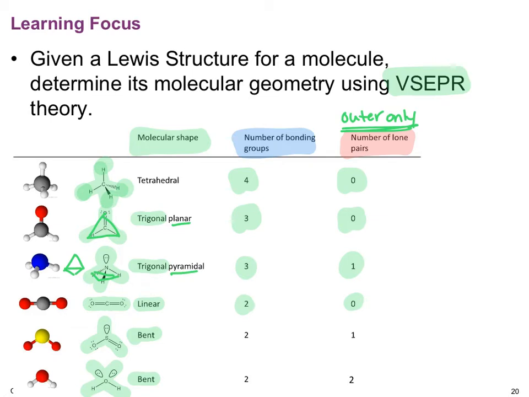Our textbook uses the term angular, which is what you're going to want to use for your homework. I have a tendency to use bent. That's what I'm familiar with. So just make sure that you understand that these are the same thing. So whether you have 1 lone pair or 2 lone pairs, if you've got that in combination with 2 bonding groups, the molecular geometry will be bent.